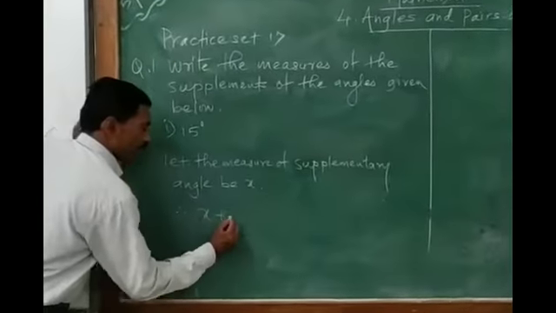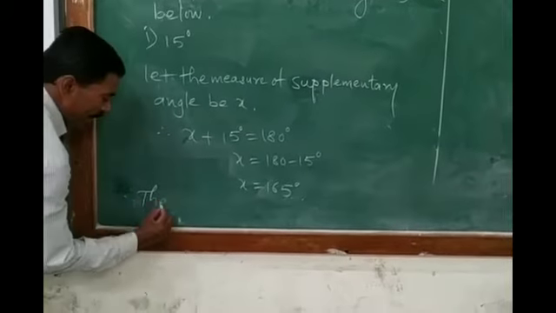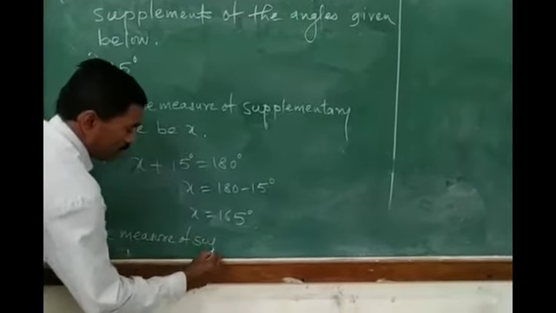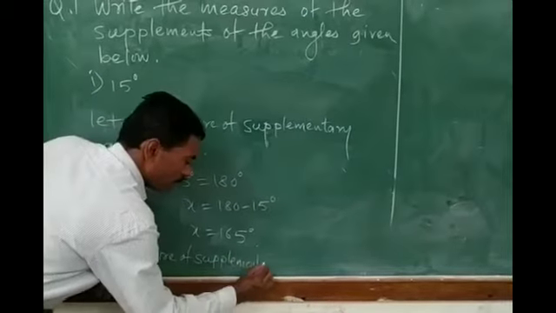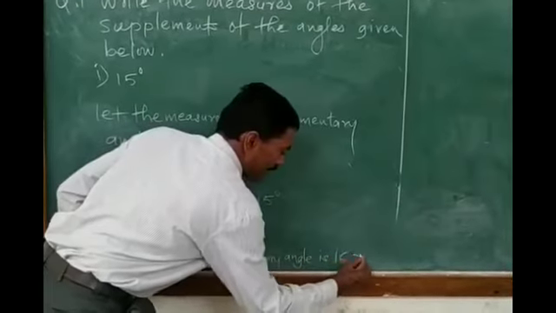Now x plus 15 is equal to 180 degrees. x is equal to 180 minus 15 degrees. x is equal to 165 degrees. The x value is 165, therefore the measure of the supplementary angle is 165 degrees.